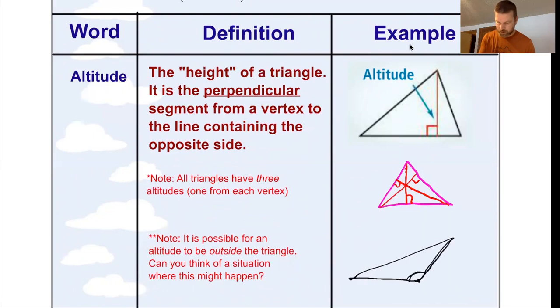Because then when I tried to draw the altitude, here's a vertex, going straight down to be 90 degrees to this side here, I would have to come down like that. And you'll notice I had to extend that base side. I had to extend this out so I could actually hit the bottom, and that's just fine as well. So an altitude can be outside a triangle. The big thing is it connects a vertex and it's 90 degrees to the opposite side.